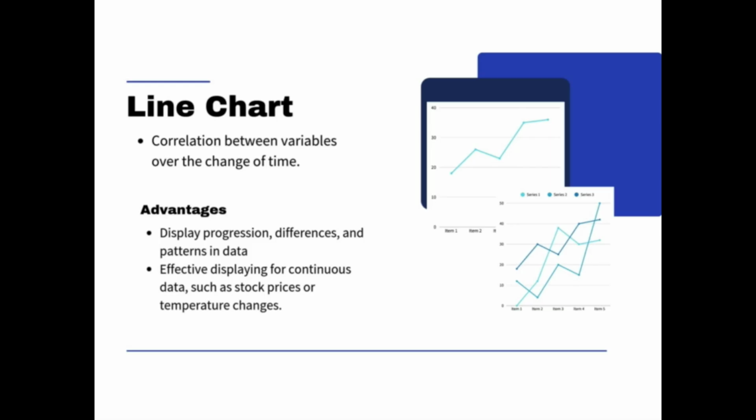What are the advantages we have? It helps to observe the progression, differences and patterns in data. Line charts are mainly effective for displaying continuous data such as stock prices, temperature changes, etc.